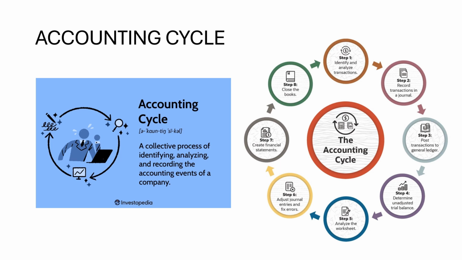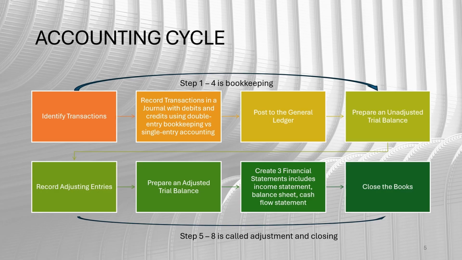The accounting cycle, by definition, is a collective process of identifying, analyzing, and recording the accounting events of a company. Understanding these steps ensures accuracy and consistency in financial reporting. The accounting cycle consists of 8 steps, beginning with identifying transactions through to closing the books, but they can be further divided into 2 categories.